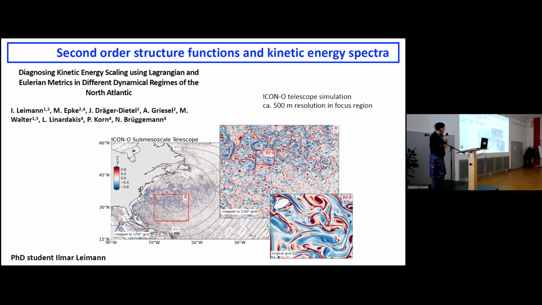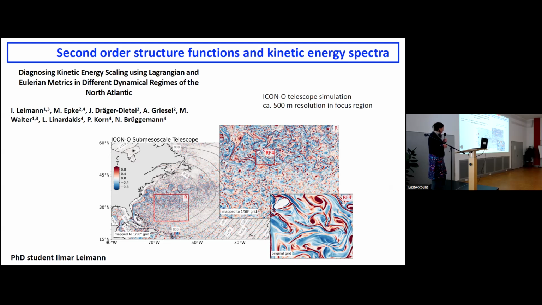This is essentially a global simulation, but it has a very high resolution telescope that's located here in the North Atlantic, in the Gulf Stream separation area. As you can see, the resolution in this telescope goes down to about 500 meters.